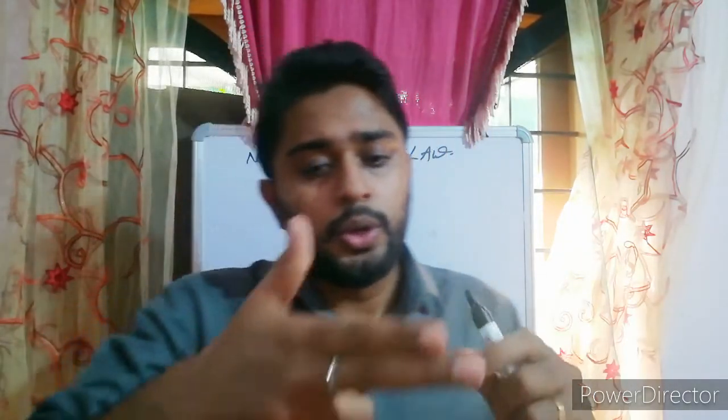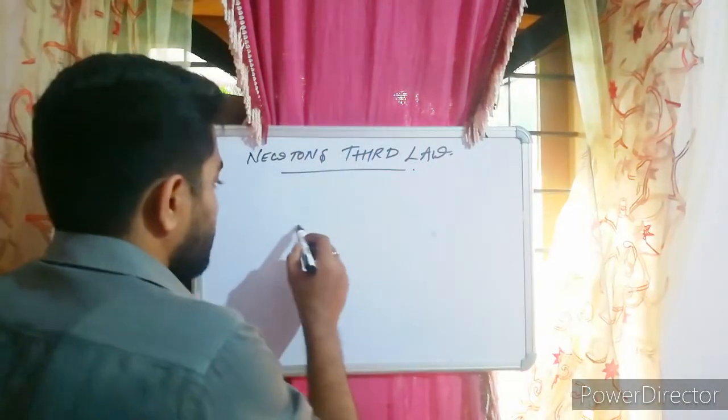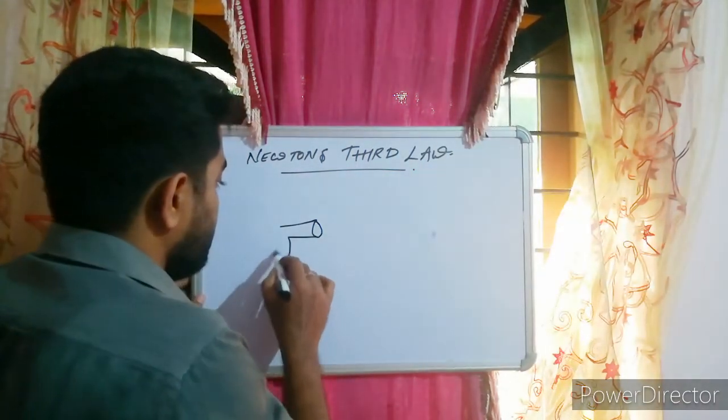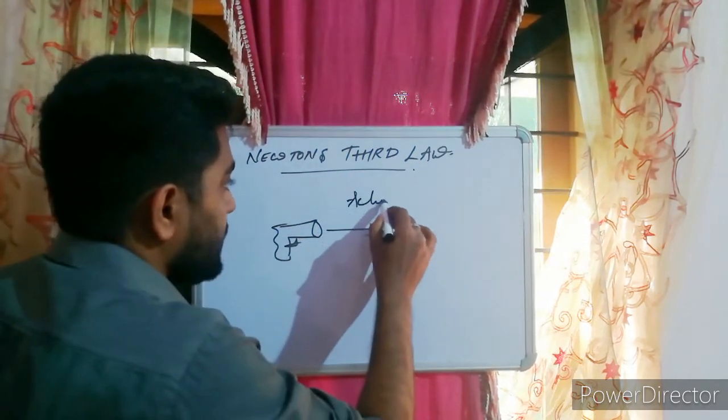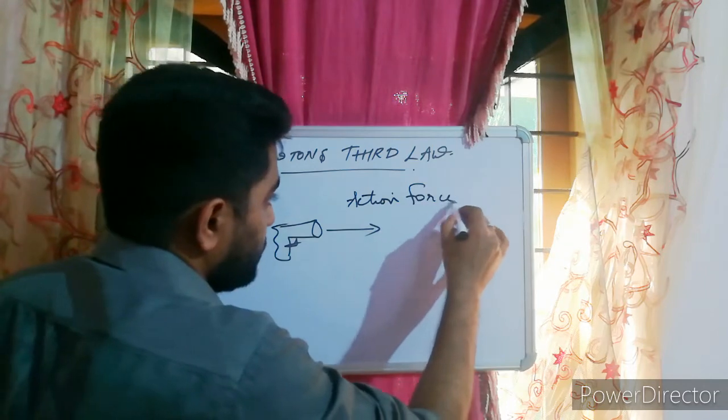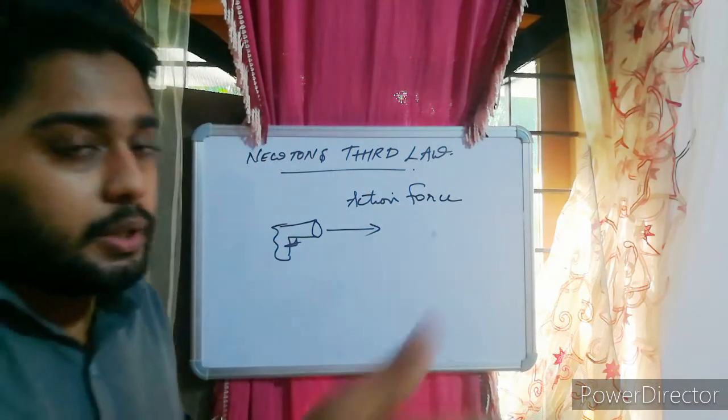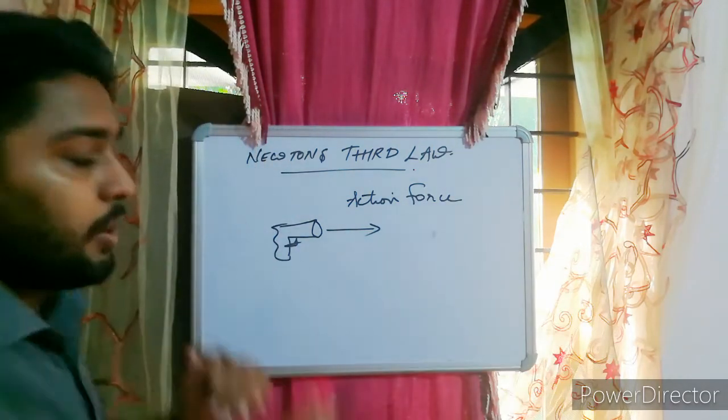Coming to our example, if you are firing a bullet from a gun, as soon as you fire there is a force of action in the forward direction. If this is your gun, the bullet will move in this direction. So this is my action force on the bullet. Now you could see that the gun recoils back.